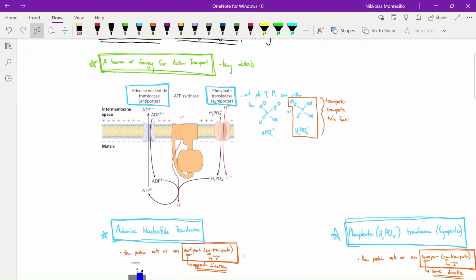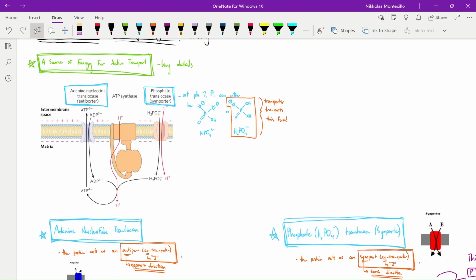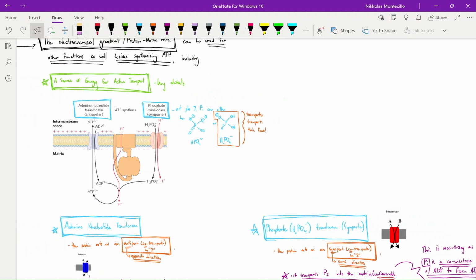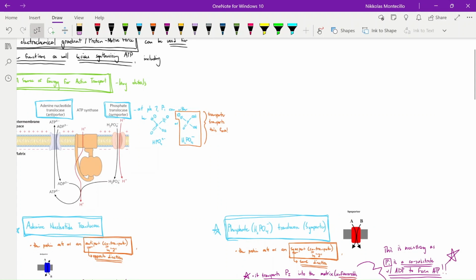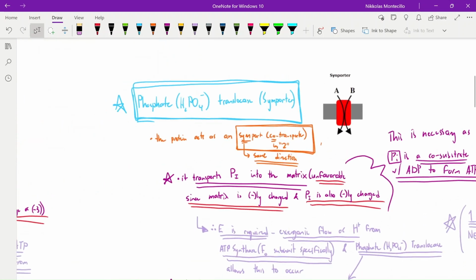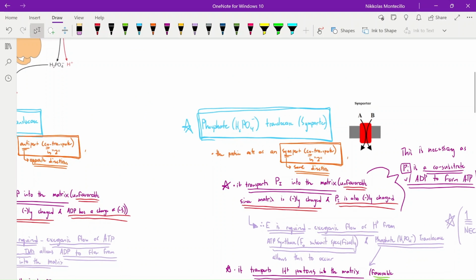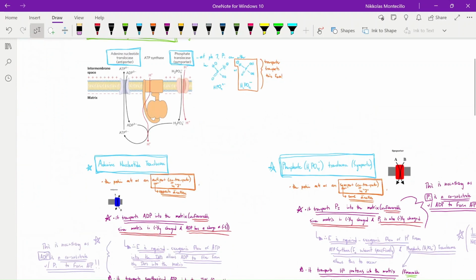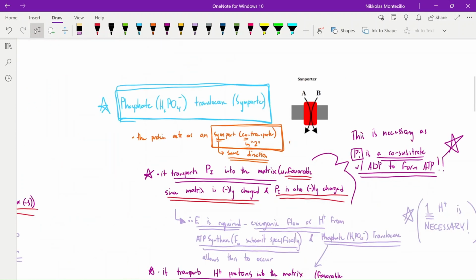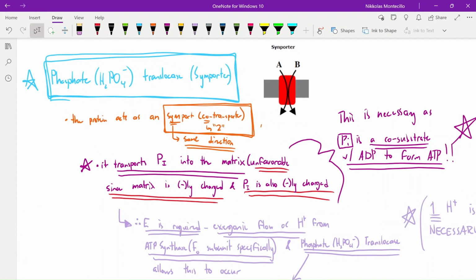Now, phosphate translocase just refers to the transport of phosphate from the IMS into the matrix. Remember, the phosphate translocase works similarly to adenine nucleotide translocase, where the transportation of inorganic phosphate is unfavorable since the matrix is negatively charged, and the inorganic phosphate is also charged.